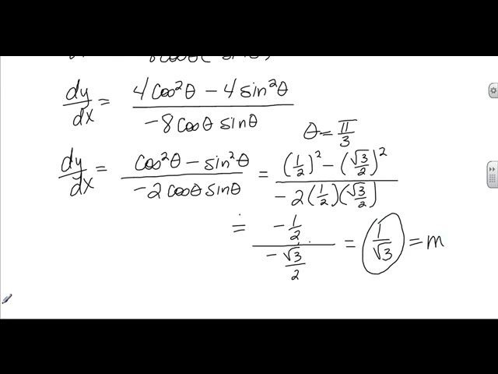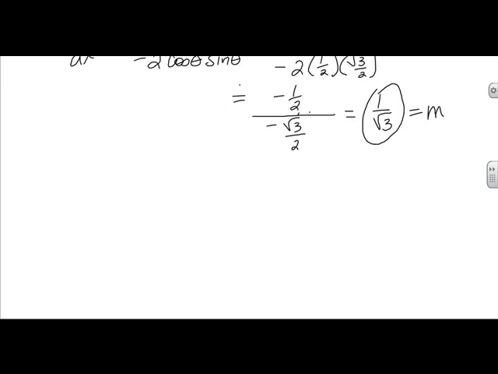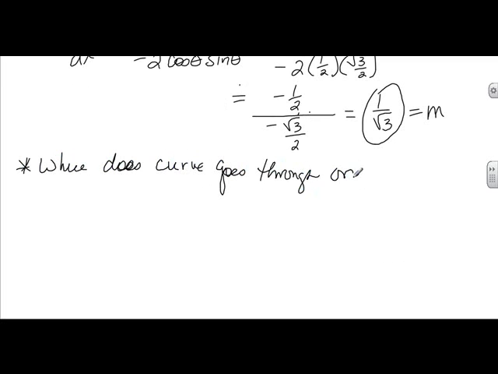Next, let's find a point where the curve goes through the origin. Think about it this way: that's going to be the case anytime r is equal to 0.